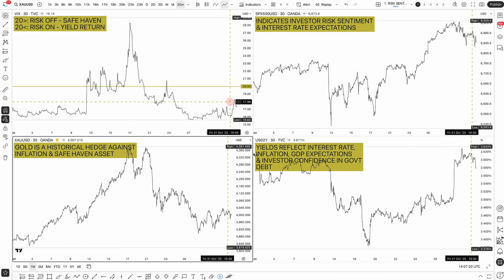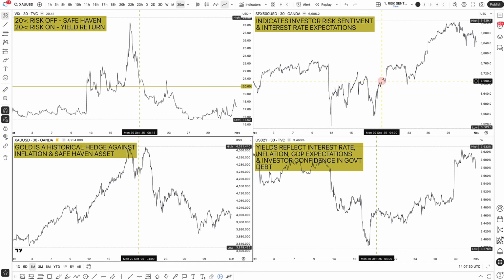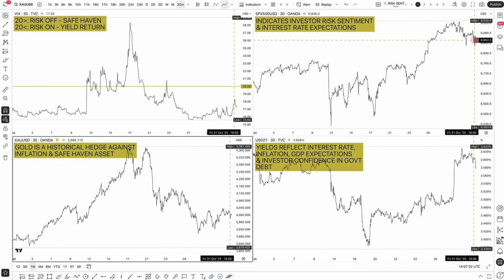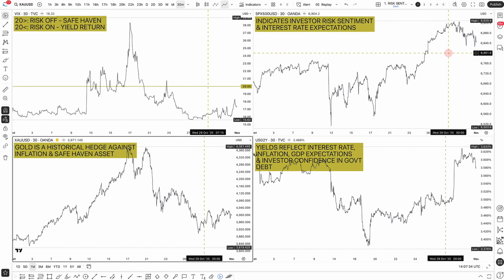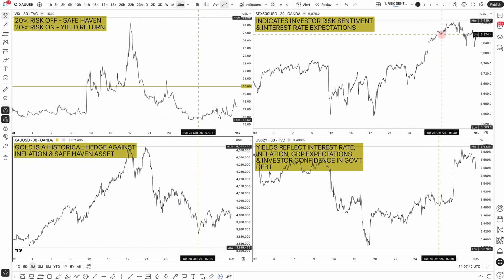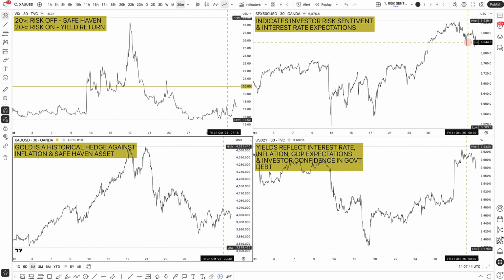You can see from the volatility index we are around 17 and a half, which is more risk on, and that's confirmed with the stock market, which is seen as a risk on asset, meaning investors are looking for more return and want to take more risk in the market. That confirms that we are in a risk on environment.